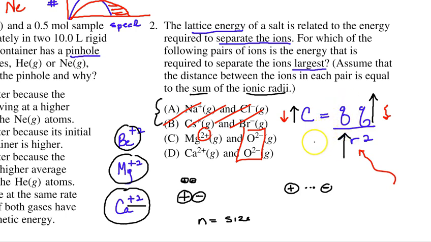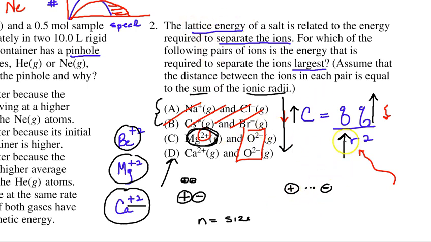What it's going to do, a bigger denominator, is going to lower the coulombic attractions. So you can see that D will not be the answer. Magnesium will be the smaller ion because it starts out smaller. Therefore, it'll have a smaller distance so that its high charges can have more effect.